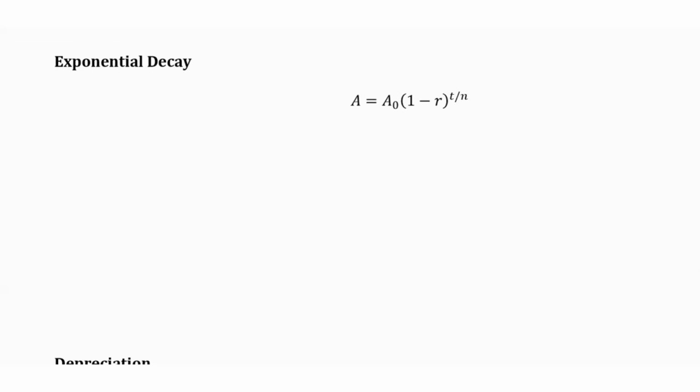Exponential decay. What's the difference in the formula for exponential decay? Yeah, you're subtracting the rate. That's the only difference. Everything else is the same. So let's take a look at an example of that.